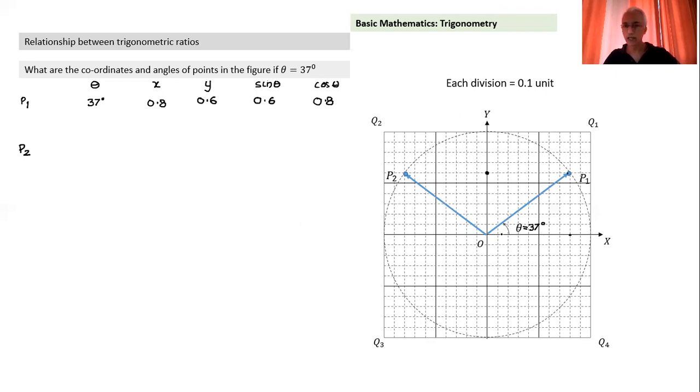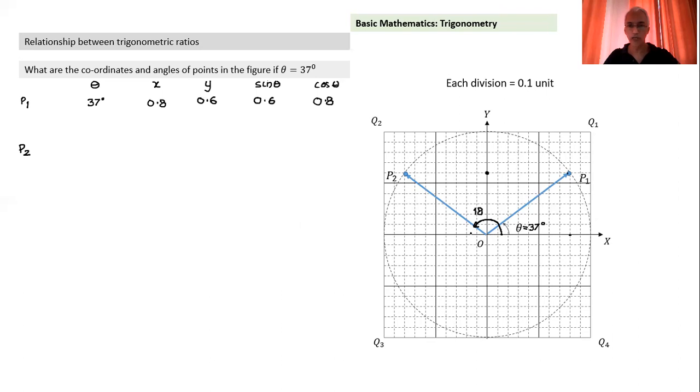How do we measure the angle? When we draw the angle arrow, we start the measurement of the angle from here, and we draw it something like this. We continue this rotation till we reach the line. This is the angle we need to measure. If this is 37, very easily you can notice this angle also is 37. So what is this angle here? This angle is 180 minus 37.